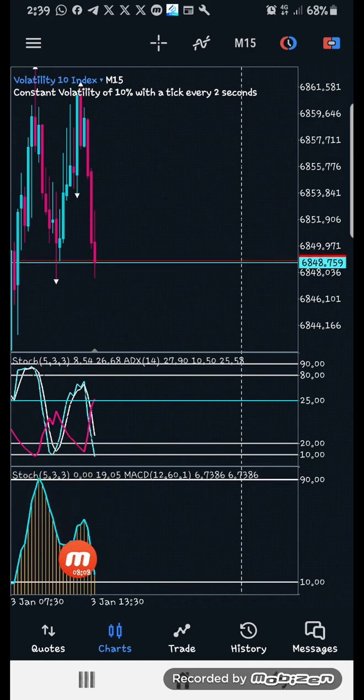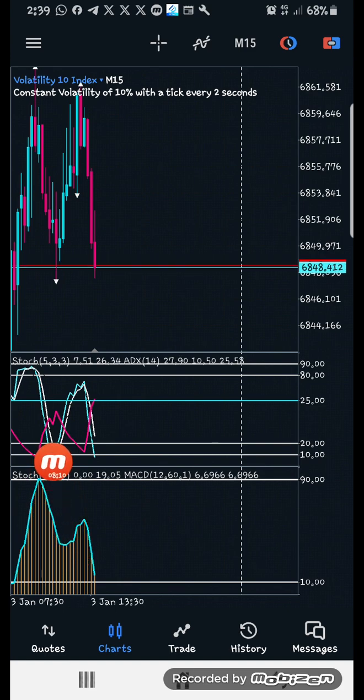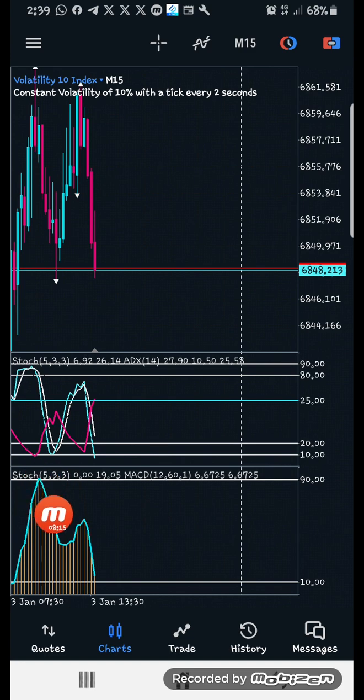It's about coming downward, about going bearish, about going short. When it gives you this sharp turn, you know the market is about going bearish. And once the market turns like this in the 15 minutes time frame, you know it's about going down.